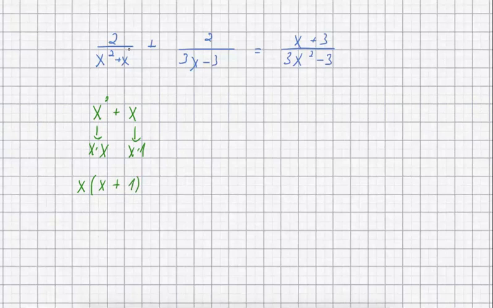Okay, so we took this, we write it here. Then we took each part and we divided it to its factors.